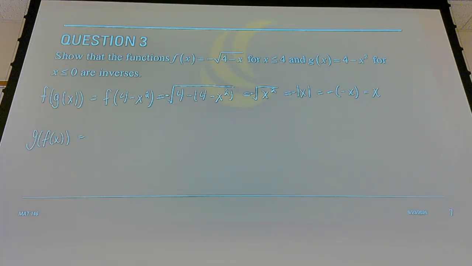Now for g of f. So we're using g and replacing x with f of x.